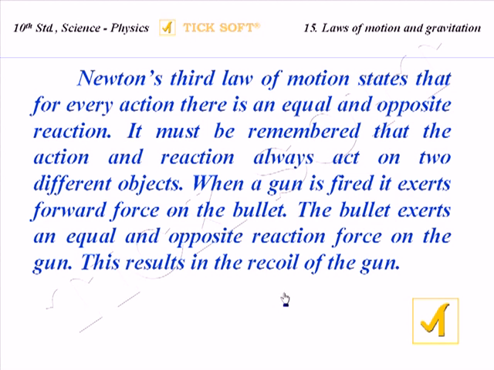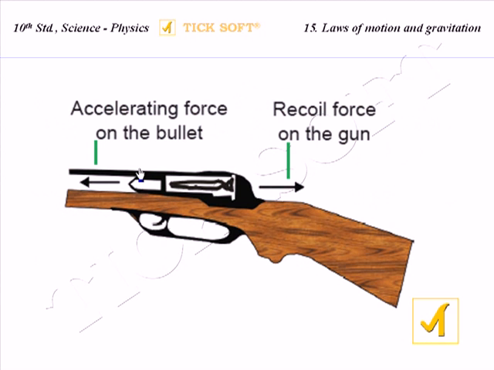This results in the recoil of the gun. Here this is the gun, with the accelerating force on the bullet in the forward direction. Here the recoil force is in the opposite direction. The gun recoils, and the bullet moves in the forward direction.